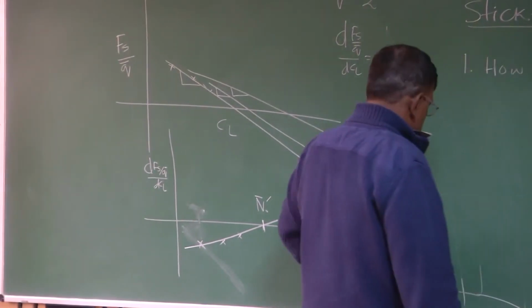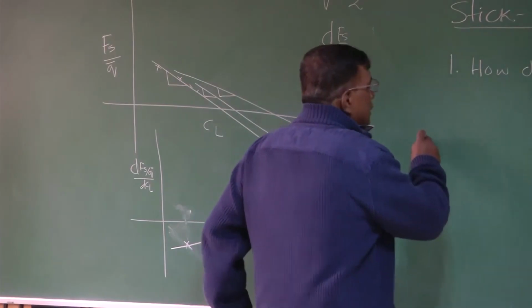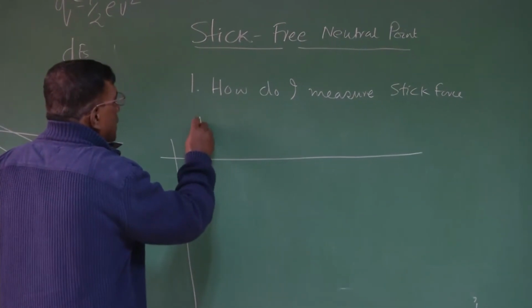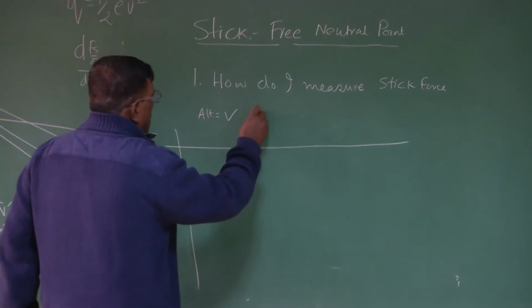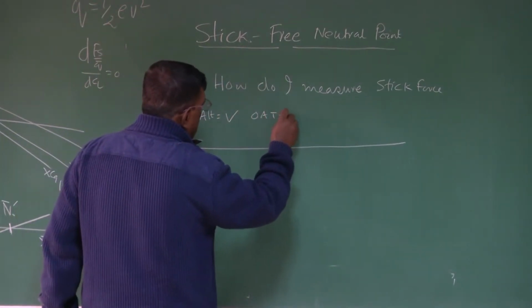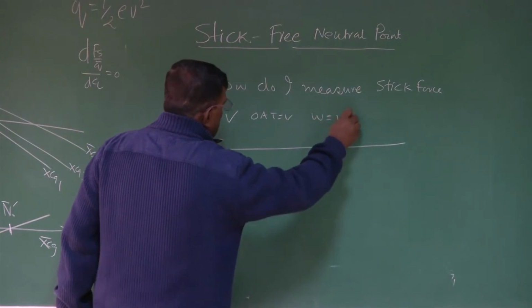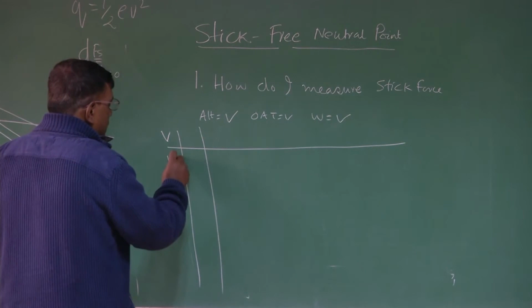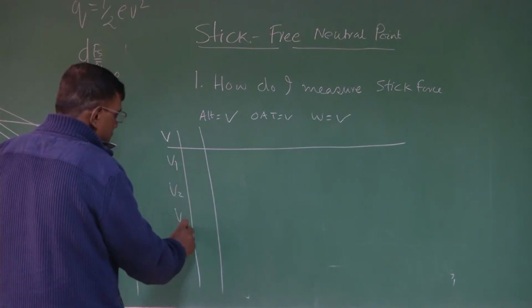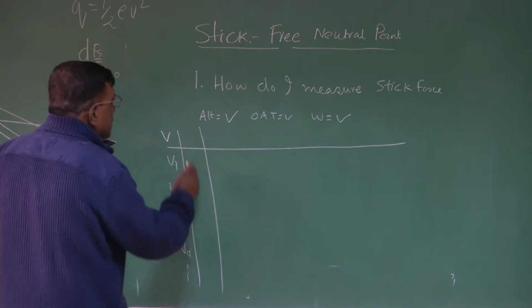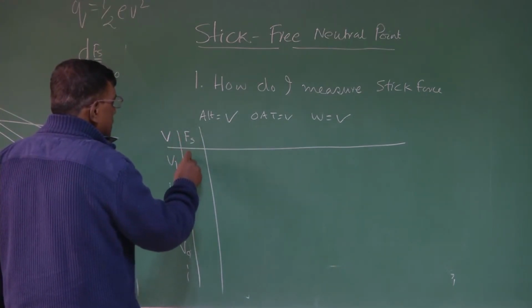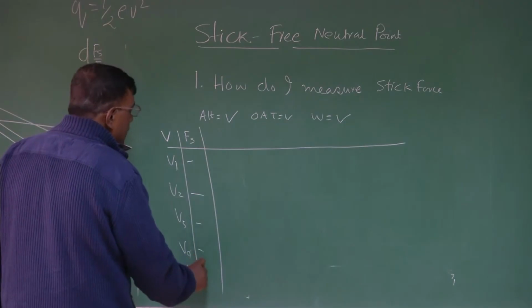So I will just write the revised table. So this is, you are having an altitude, you note down outside air temperature, you note down the weight, then fly at different V, so V1, V2, V3, V4, like that, and measure stick force, 1, 2, 3, 4, 5.